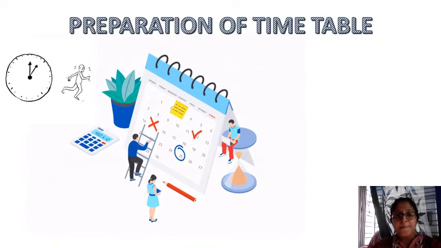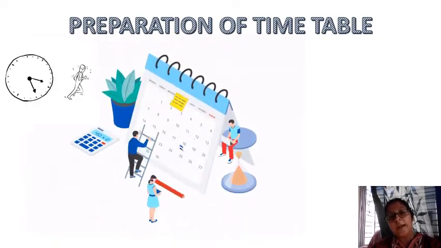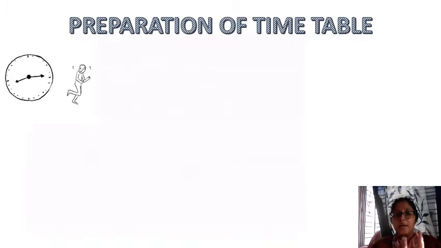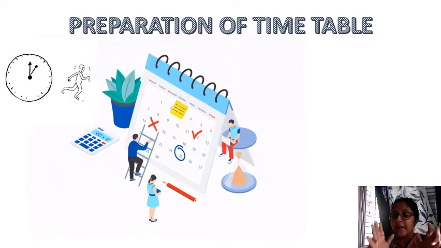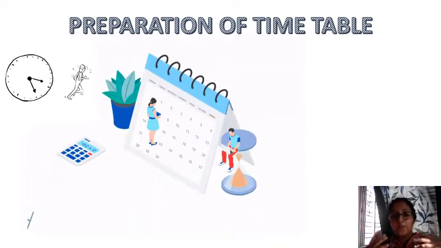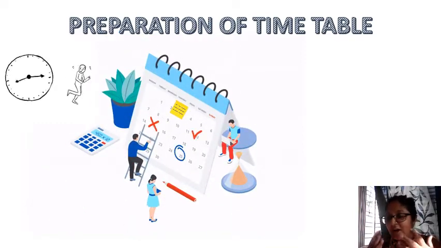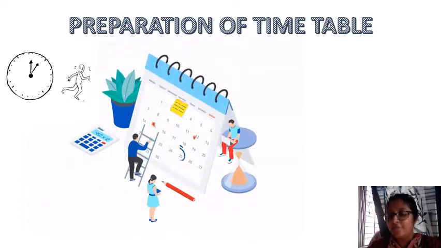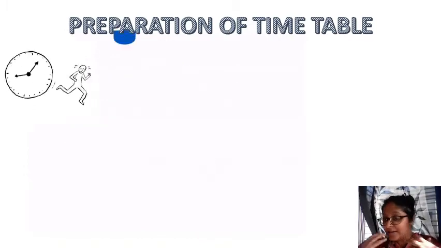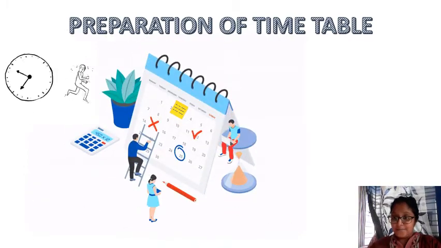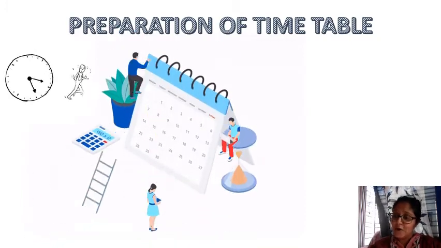See, this guy I've shown you is running. Why is he running? Because he has not made any timetable, and he is puzzled about what to do. He is not running, actually time is running after him. He can't catch time, but time will catch him, because he is running out of time.